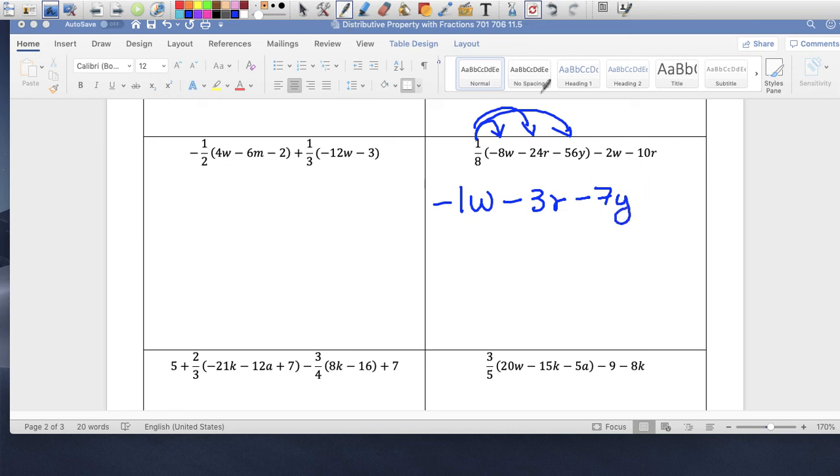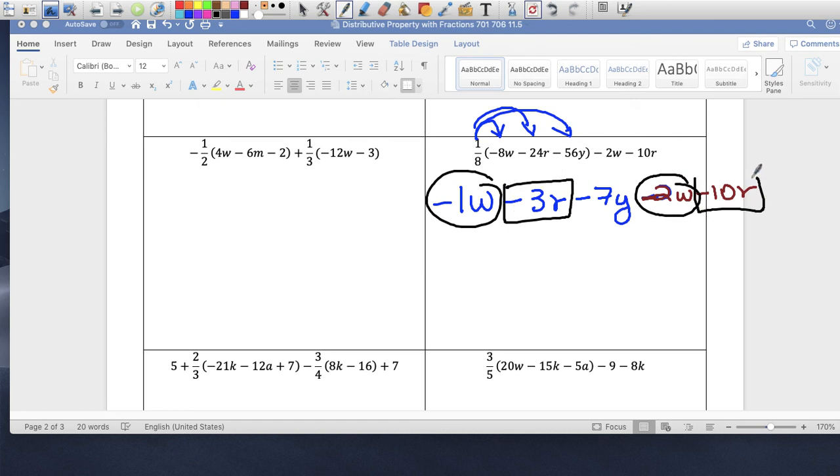Minus, and again, write in different colors so that you know that I did not use the distributive property, so 2w minus 10r. Like terms. This guy is a like term as this guy, and this guy is a like term as this guy. So put them side by side.